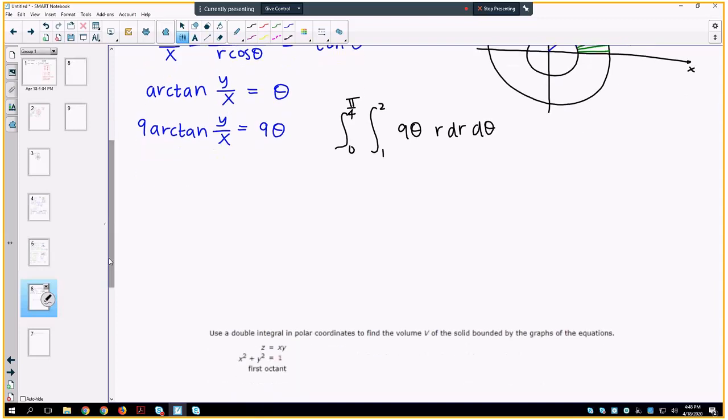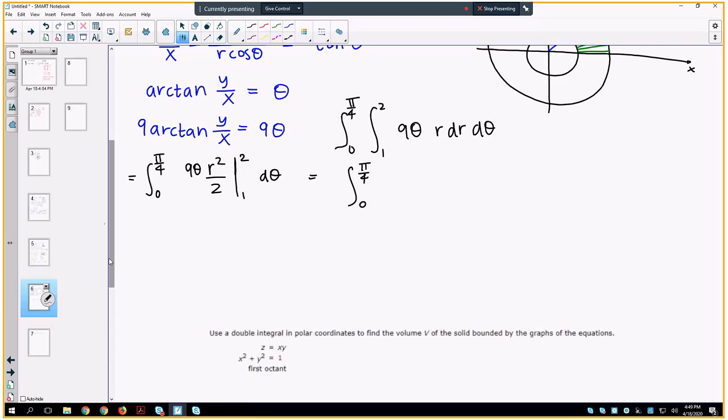So I'll integrate with respect to r first. I have 0 to pi over 4, 9 theta r squared over 2 from 1 to 2. Then taking the antiderivative in terms of theta later. So 2 squared is 4. I can say this is 0 to pi over 4 times 9 times 4 over 2.